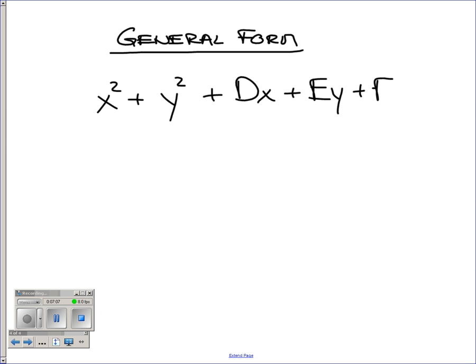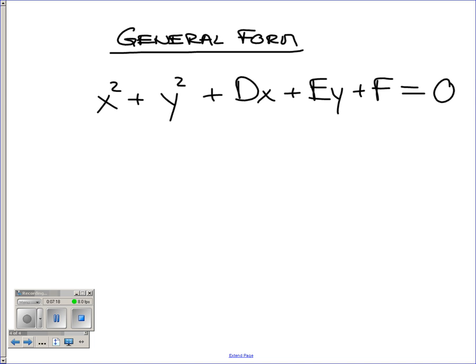And what we have is x squared plus y squared plus, now look what comes after it, dx plus ey plus f. So we're going to put that there. Equals 0. All right? And d, e, and f are constants.